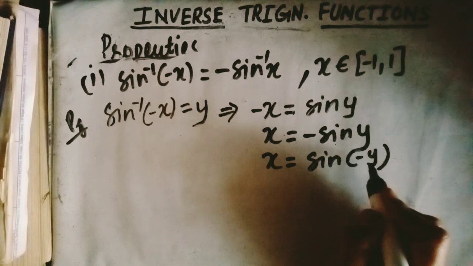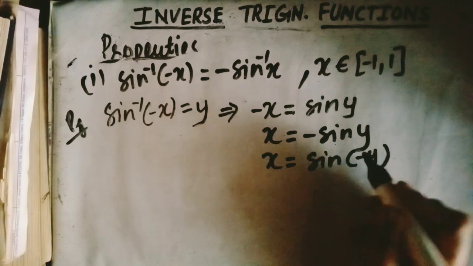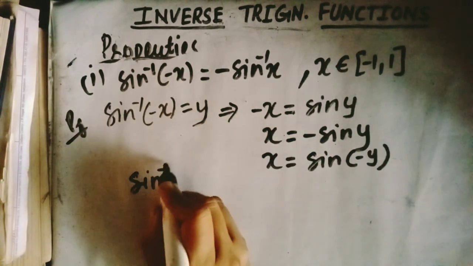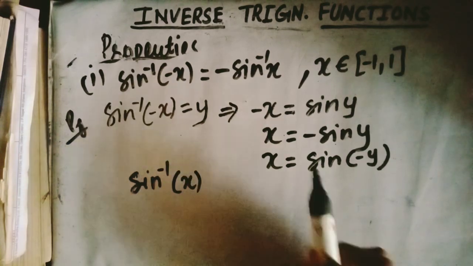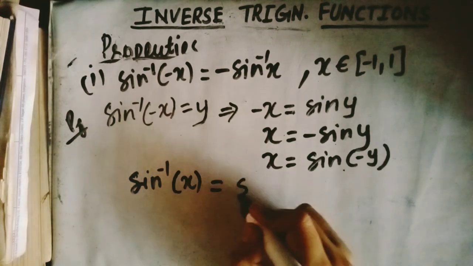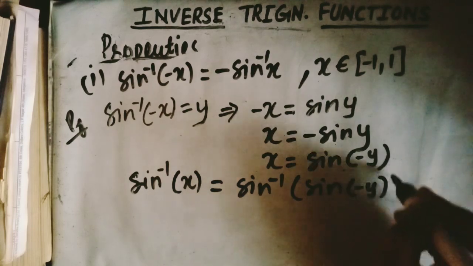Now sine inverse of minus x we have taken y, right? So x is sine of minus y. Taking sine inverse on both sides, you will get sine inverse of sine of minus y.